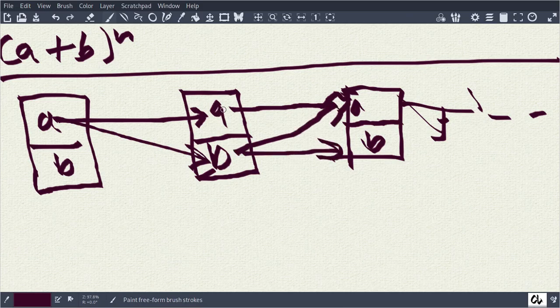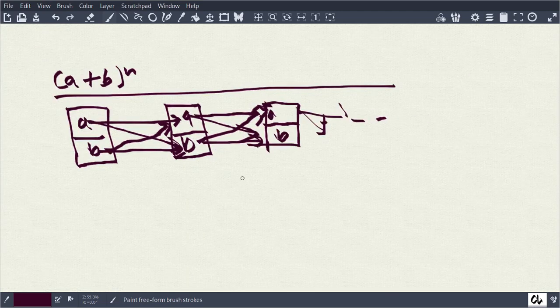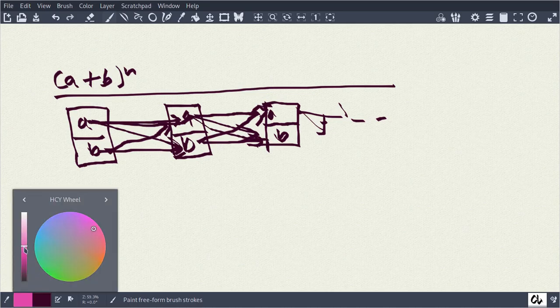or that a that we multiplied earlier could multiply to b, or we could say first b could multiply to a, b could multiply to b, and basically every combination of every way that this arrow can go. Let's change the color a little bit. Let's make it blue, this is my favorite color.